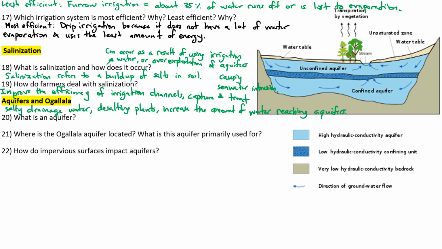What is an aquifer? So it is a body of permeable rock which can contain or transmit groundwater.